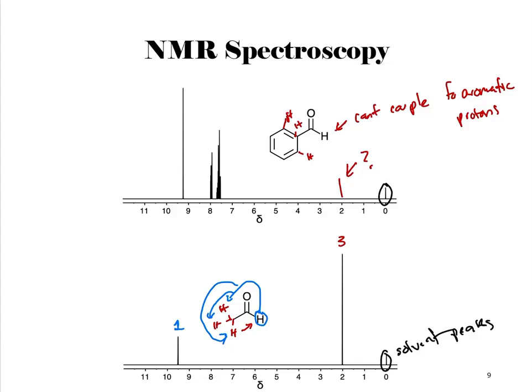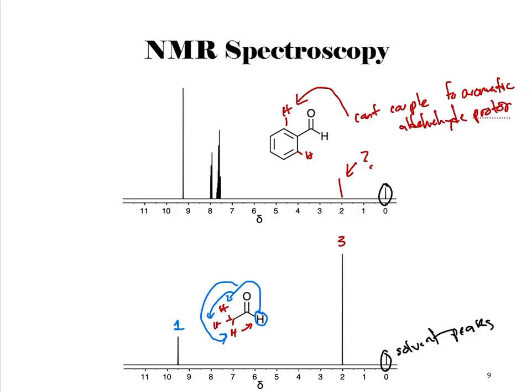We look at the peak here. Right, actually, sorry, it's not that these can't couple to the aromatic protons, but rather that these ones can't couple to the aldehyde proton.